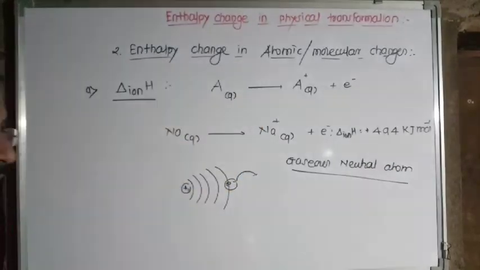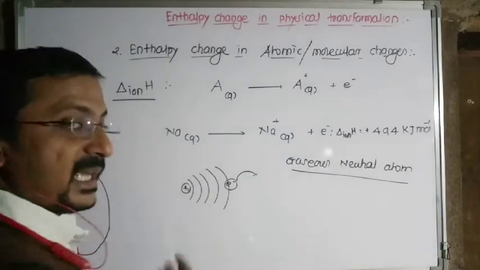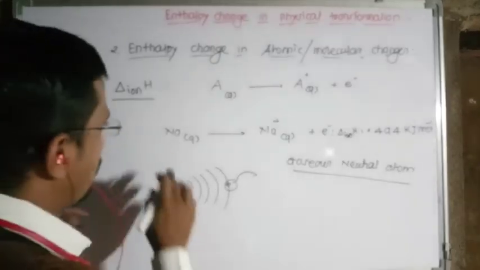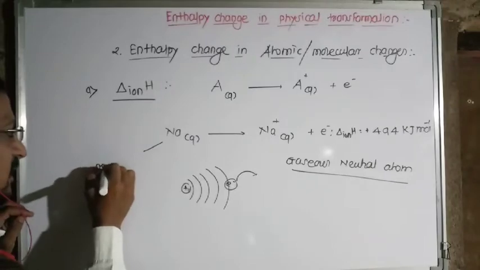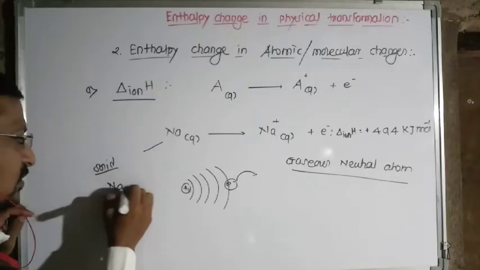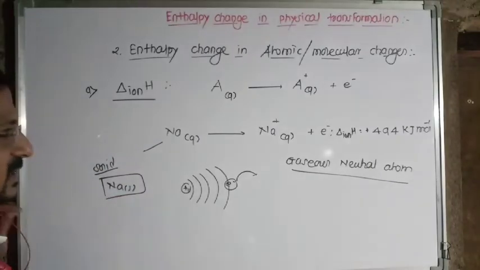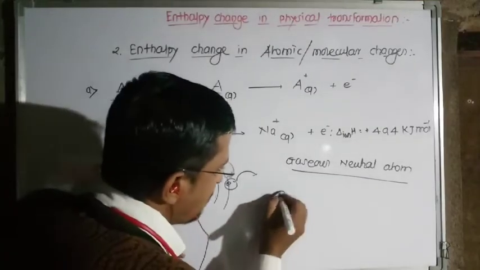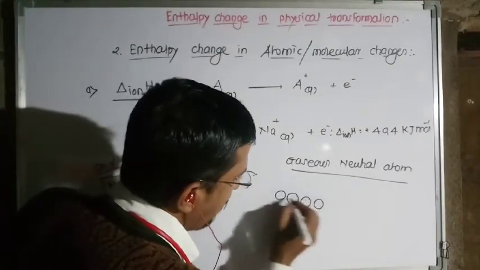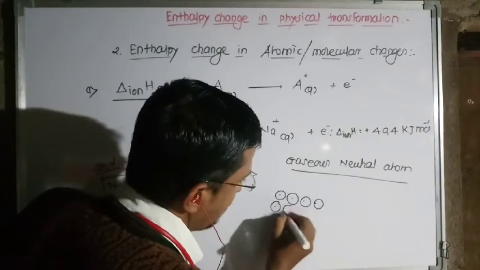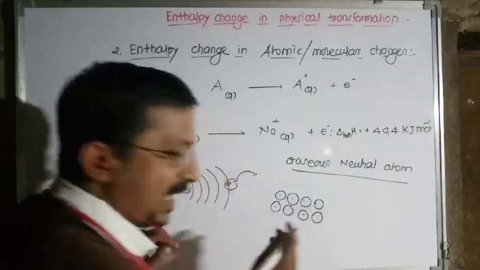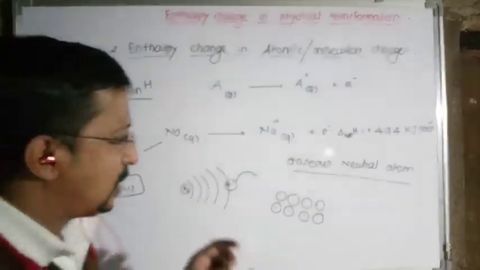Gaseous means in the gas phase, which is very important. If you consider sodium in the solid state, the sodium atoms are very close to each other, so there may be interatomic forces of interaction between the sodium atoms.